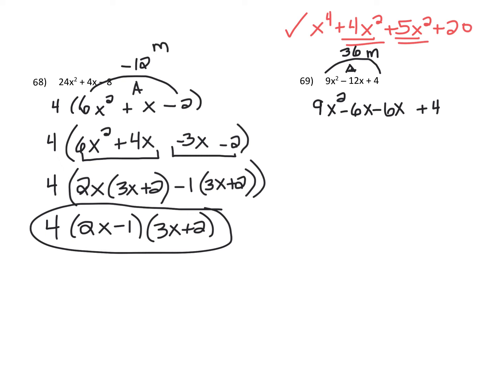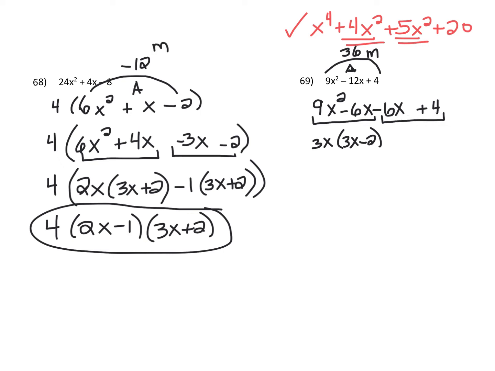Okay, so then we're just going to group. When we group together the first two terms, we could pull out a 3x, which is going to leave me with 3x minus 2. And out of the last two terms, you have to decide, do you want to factor out a positive 2 or a negative 2? Well, since within the parentheses we have a positive 3x and a negative 2, the only way to get that to happen in our second set of parentheses is to factor out a negative 2.